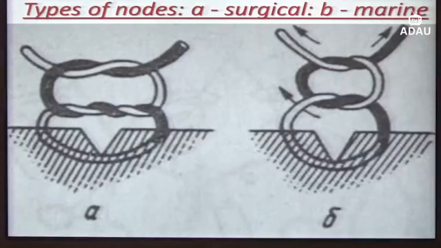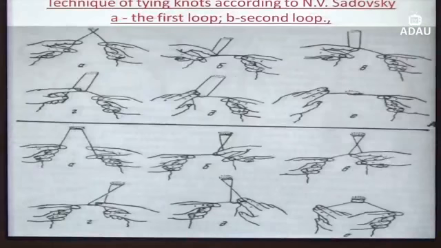We're very comfortable when we use surgical knots, but sometimes we use surgical knots and marine knots. Surgical knots we use very commonly. About the technique of tying knots, according to Sadowski, this is the first loop, and this is the second loop.